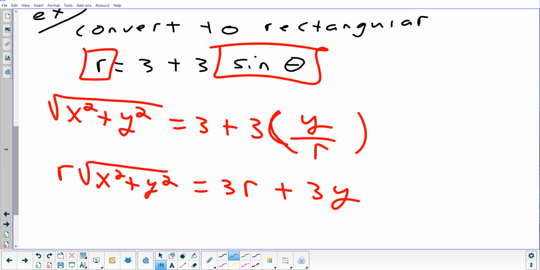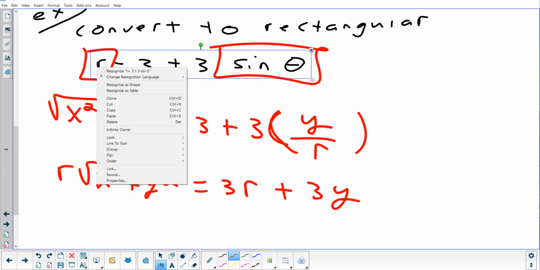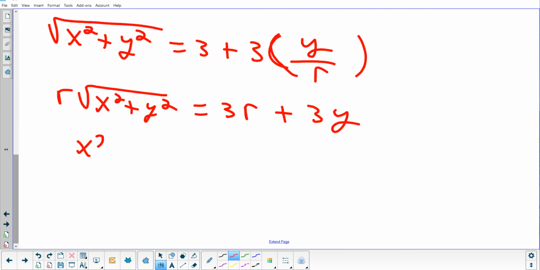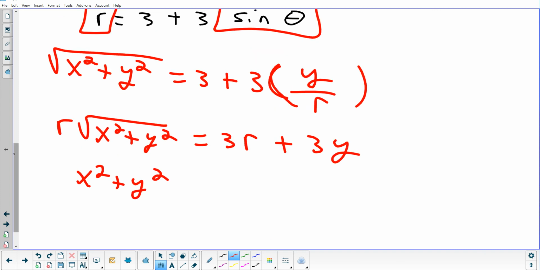And now, what did we say r was equal to? Square root of x squared plus y squared. Yeah, and if we had just left this as r and didn't change it, we would have just multiplied it by r. So technically, this is now r squared on the left, because it's r, and we had r before. So the left-hand side just becomes x squared plus y squared, because the left-hand side is now r squared.